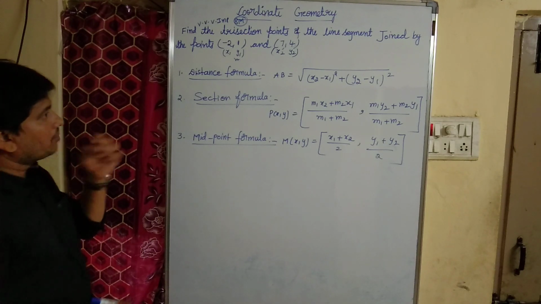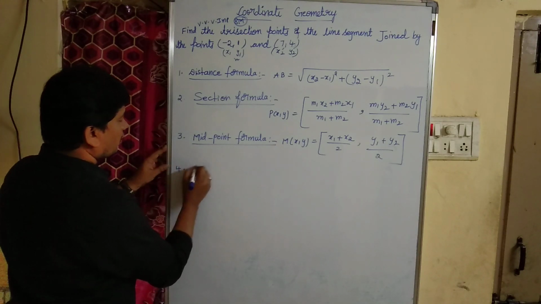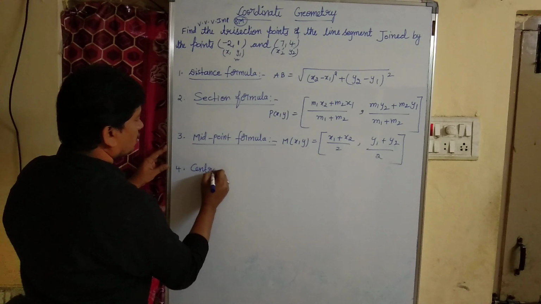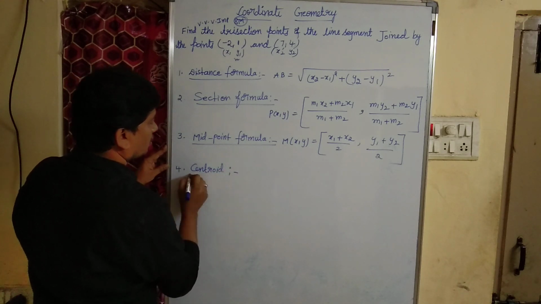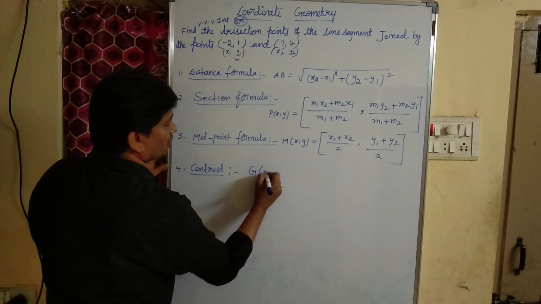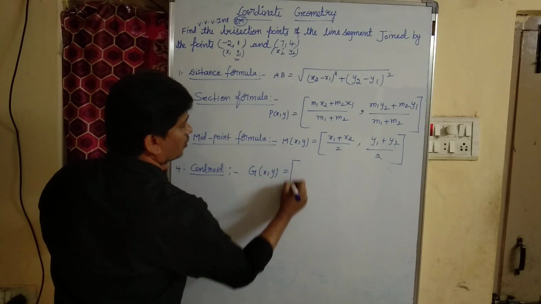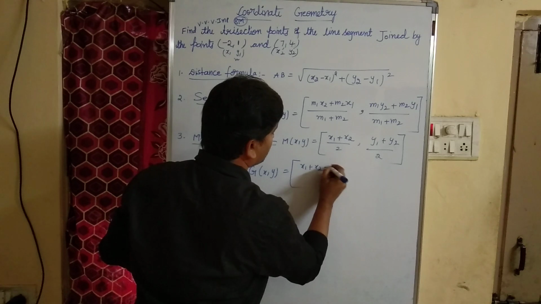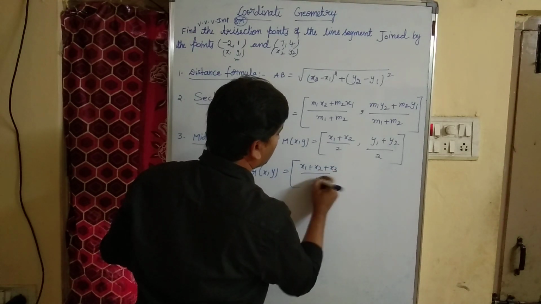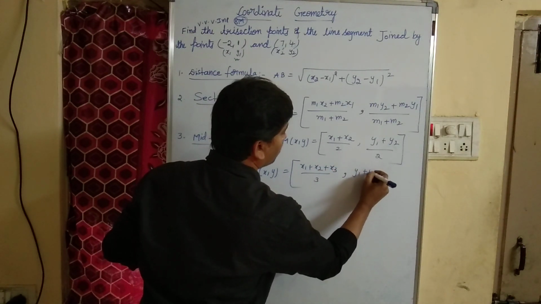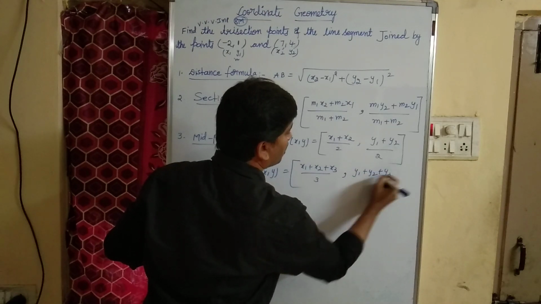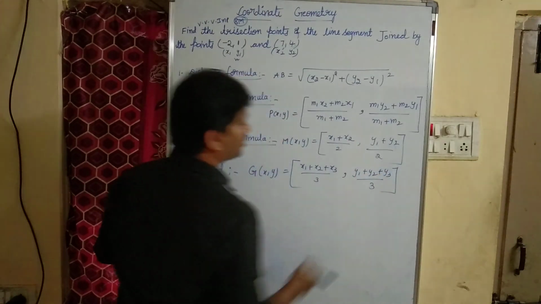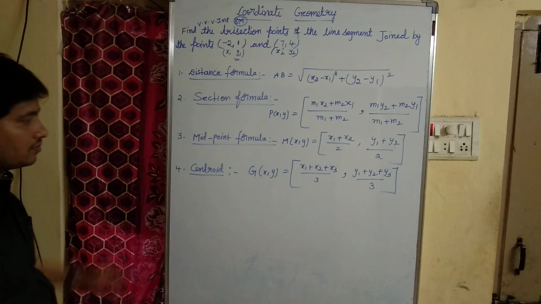That is our midpoint formula. Now coming to the fourth formula, that is the centroid formula. That is G of x comma y equal to x1 plus x2 plus x3 by 3 comma y1 plus y2 plus y3 by 3. This is our centroid formula.